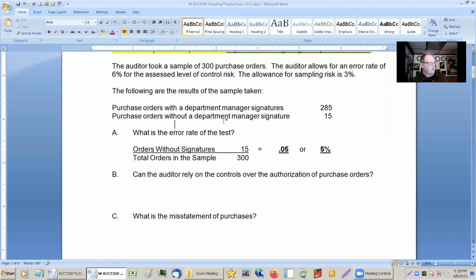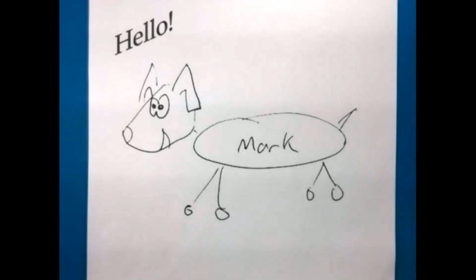Okay, so here is what is happening with it. Let me switch cameras here. Focus, dog. All right, so it's sort of like this.